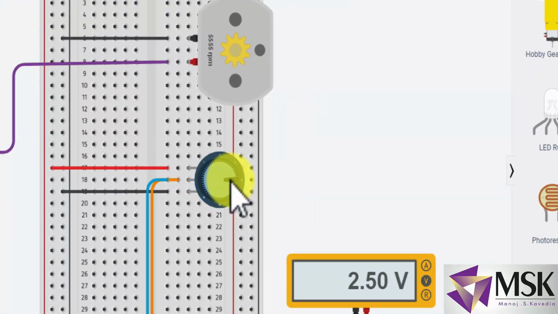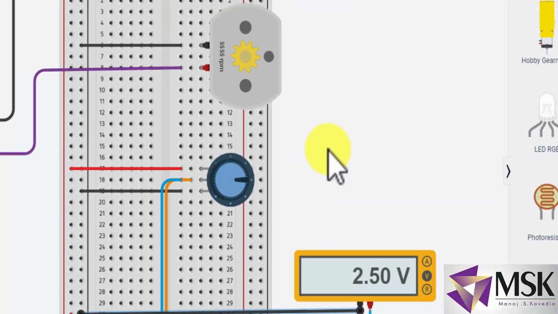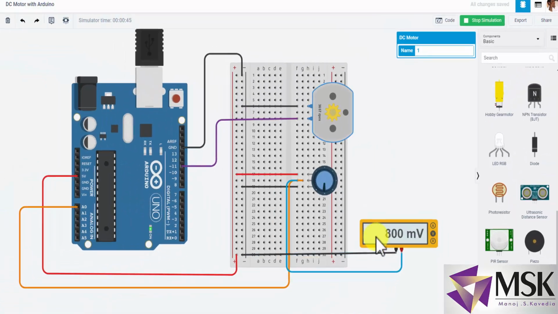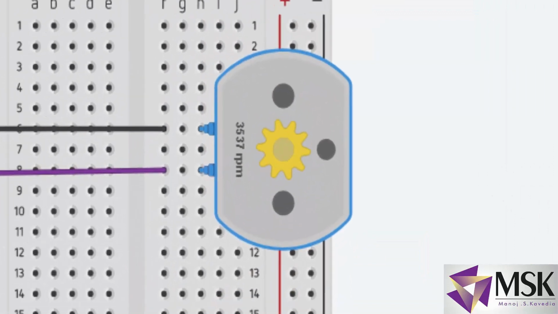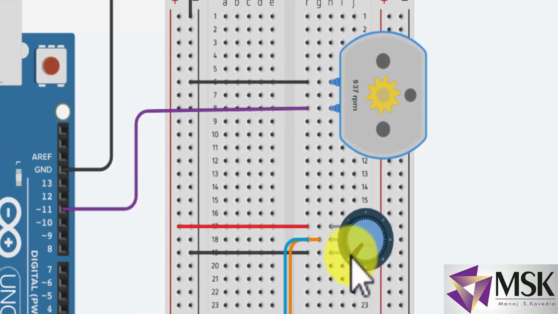So approximately 2.5 volts. The moment it is 800 millivolts, see, the speed has changed. And when I'm making this voltage 0, so it is 0 rpm. So the moment I start increasing the voltage, see, this rpm is increasing.